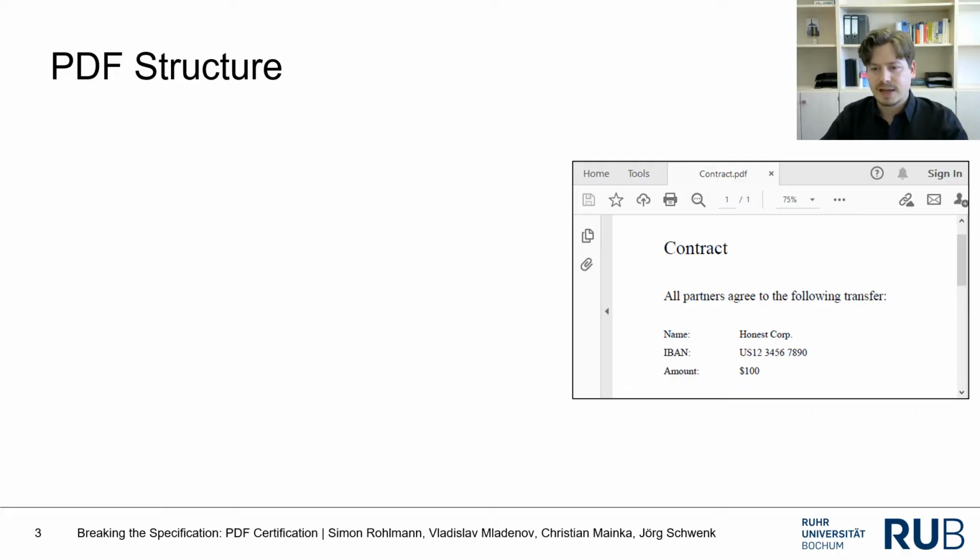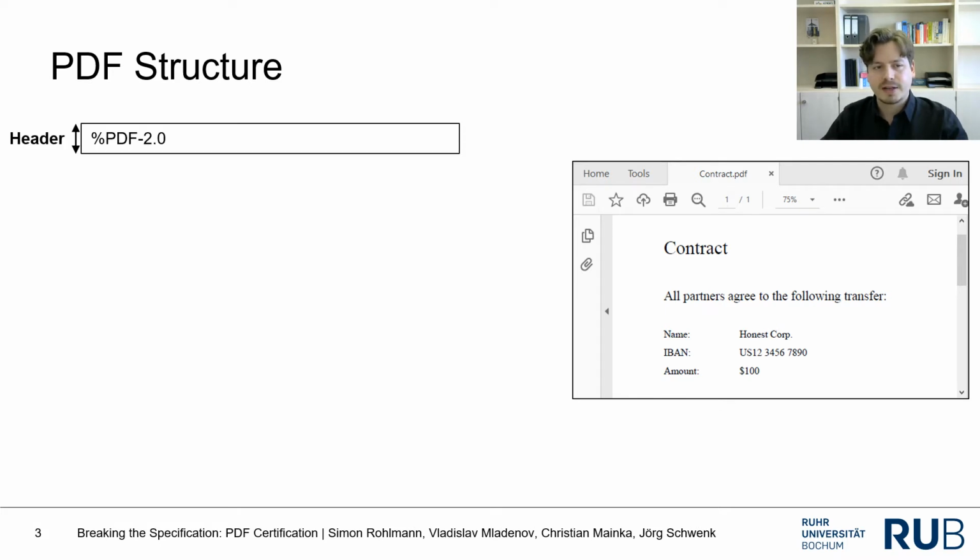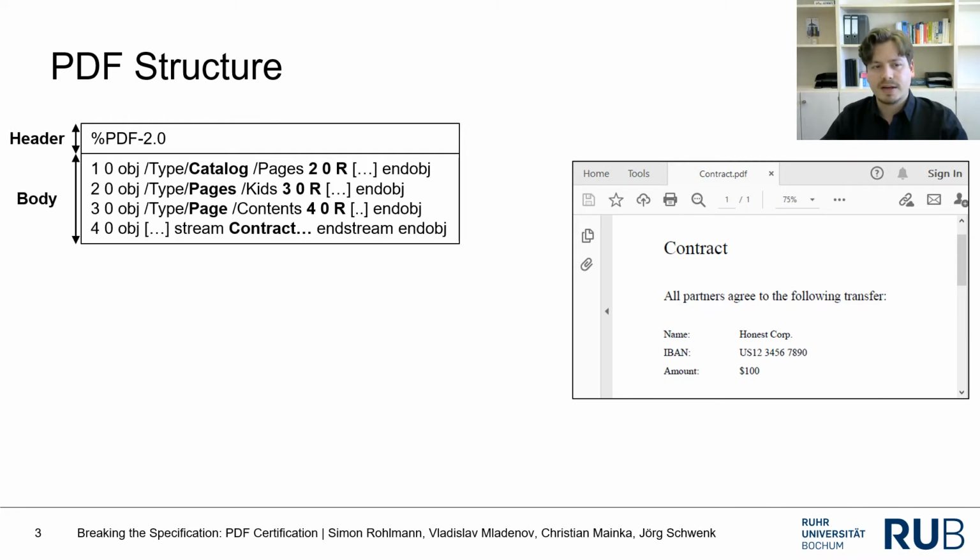On the right side you see a simple PDF document. Each PDF document starts with a header, which defines the PDF version. The header is followed by the body, which contains objects of the PDF document with unique object numbers. It starts with the object of type catalog, which references the pages object, and the pages object references all pages in the document.